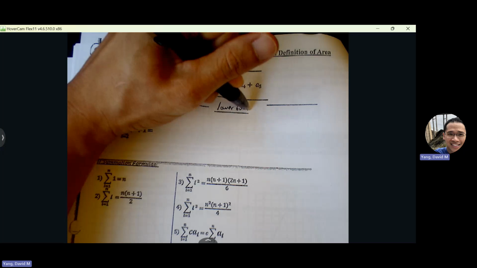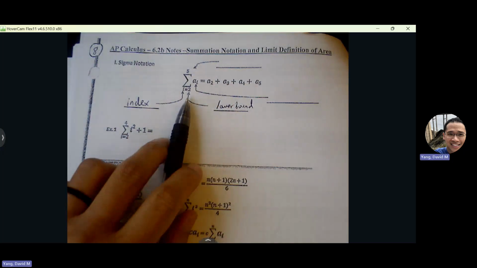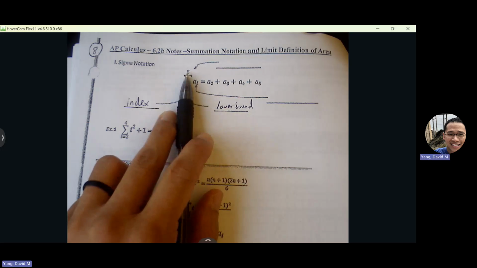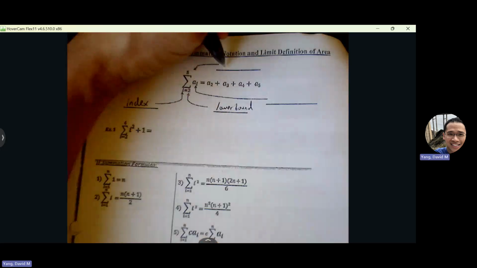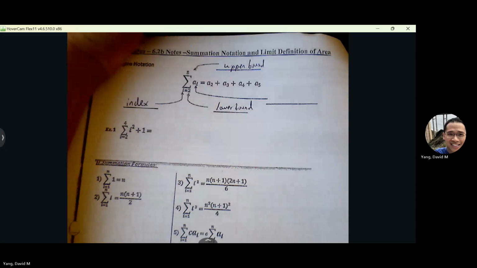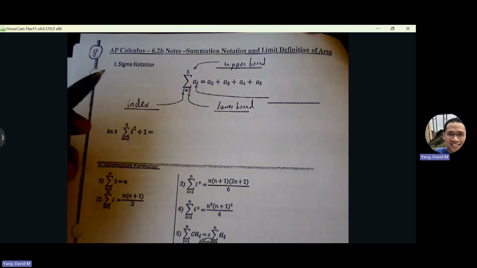The lower bound is the first value that gets plugged into the expression. The upper bound is the last value that plugs in. And then your a sub i is your argument expression or your formula rule.